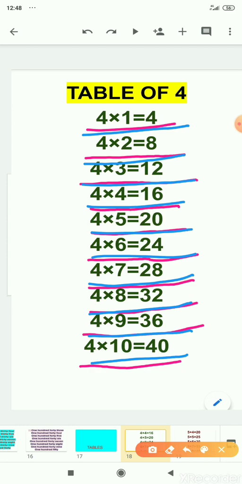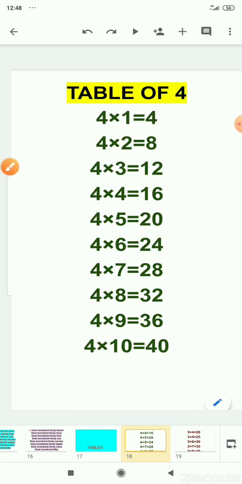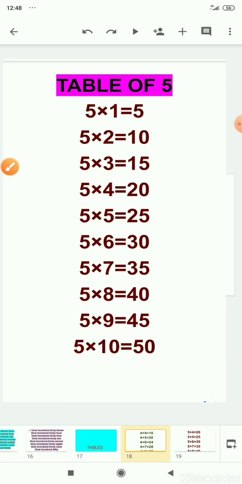Okay, children, this is the table of 4. Now the next table is the table of 5.